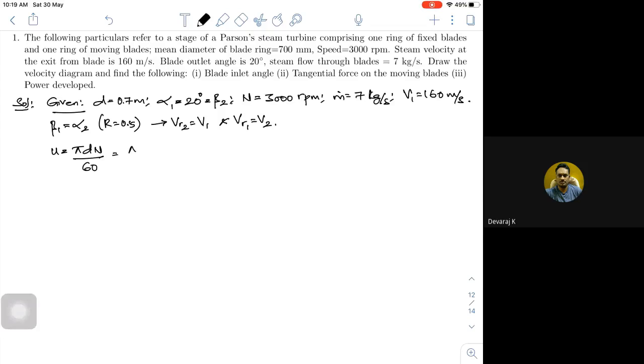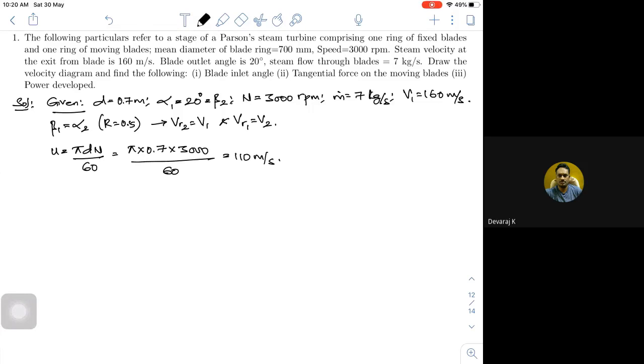So, it is pi into 0.7 into 3000 divided by 60. So, I am getting around 109.95, that is 110 meters per second.